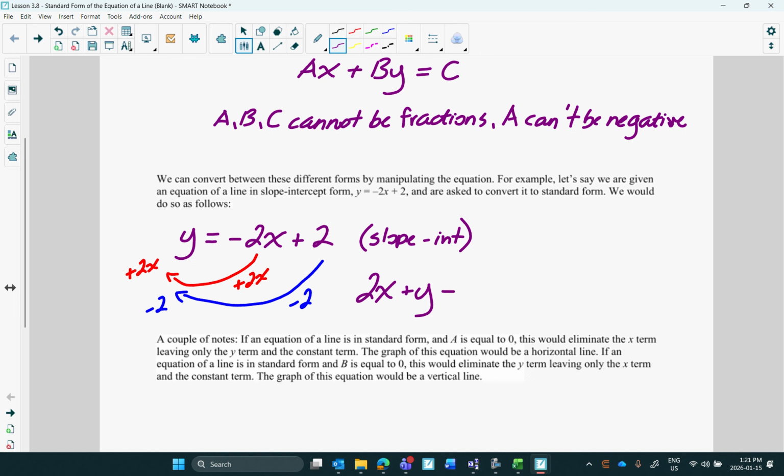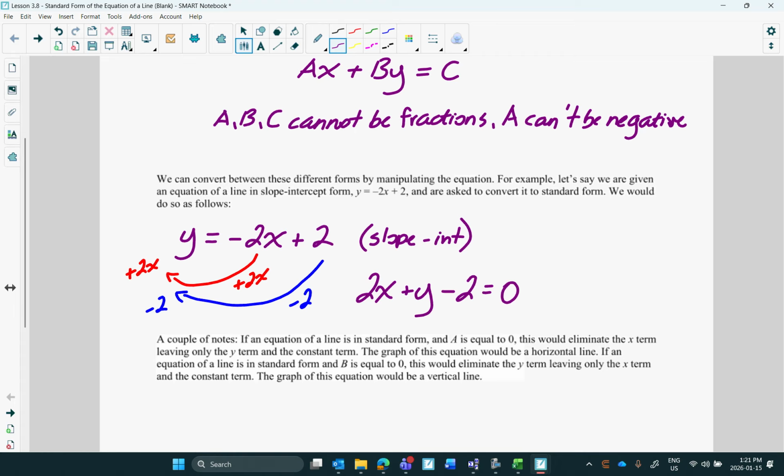Whoops, I made a mistake. No, it'll still be plus y. It should look like 2x plus y. I shouldn't have brought 2 over, should I?